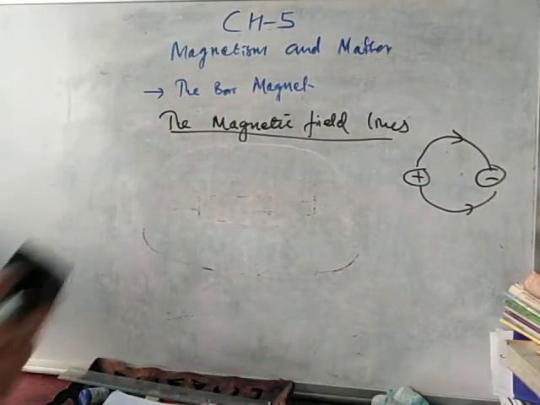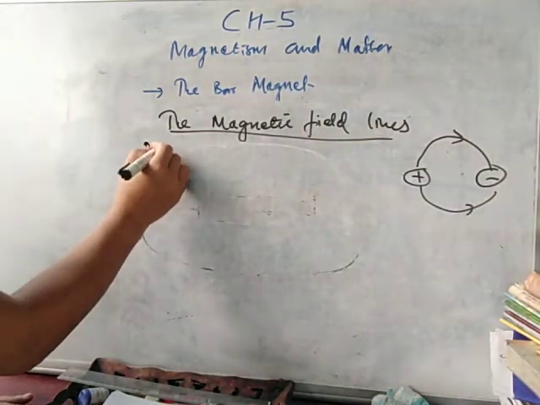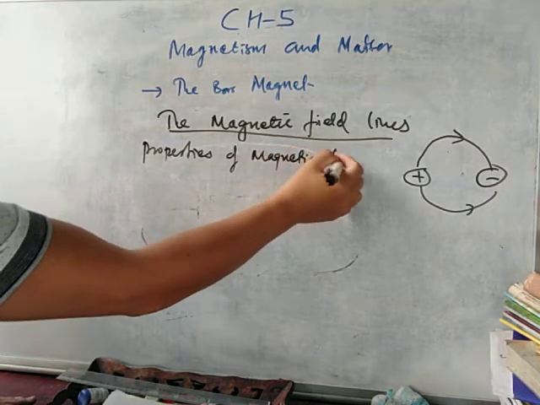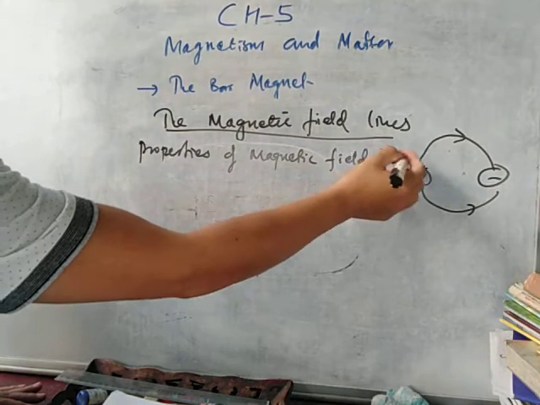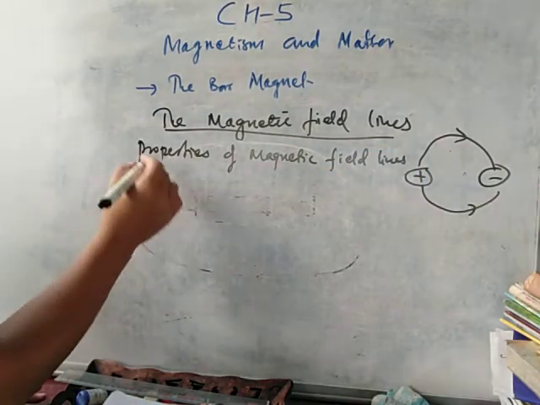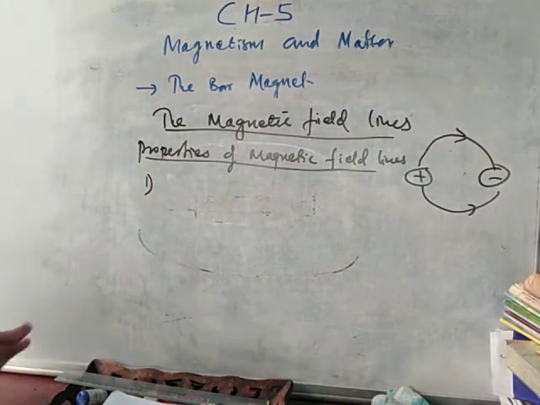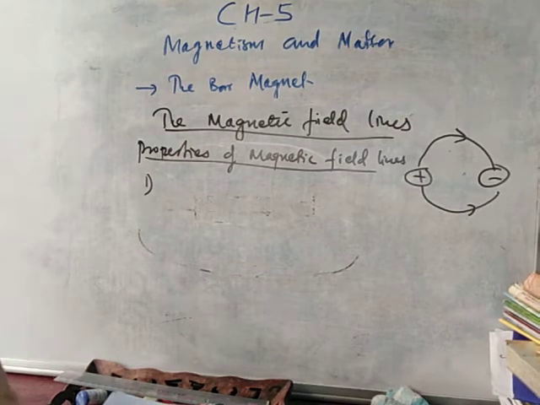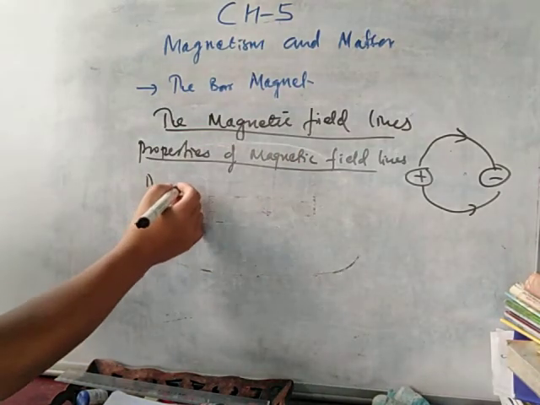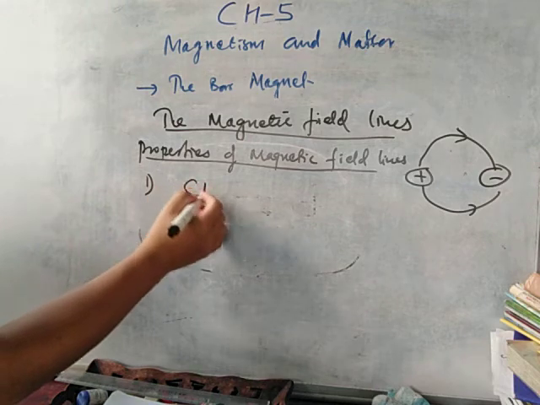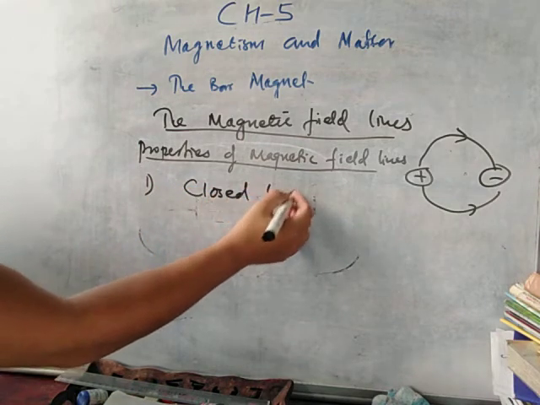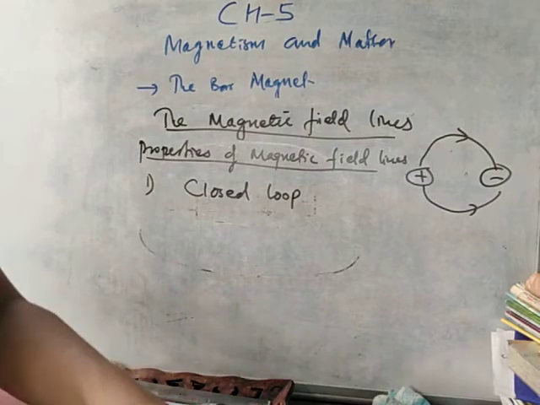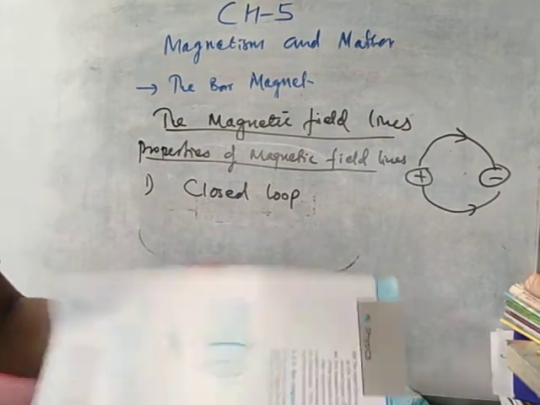The first property says that the magnetic field lines of a magnet or solenoid form continuous loops. So they form closed loops. Remember that magnetic field lines form closed loops. There are 4 points here, so write them point wise.